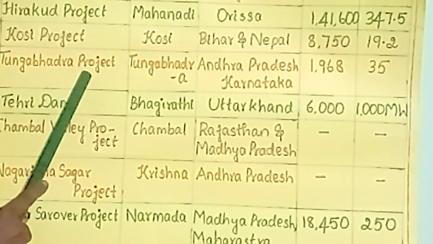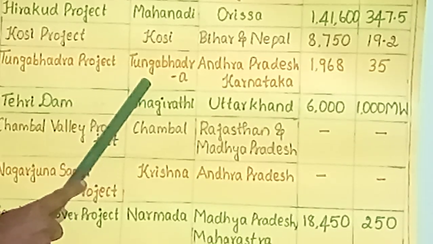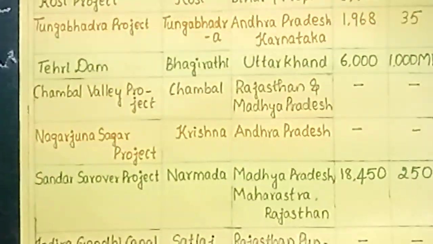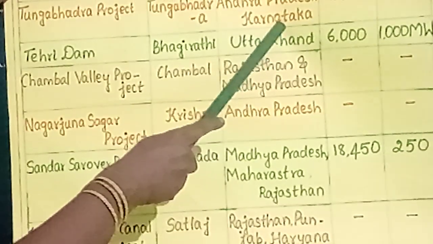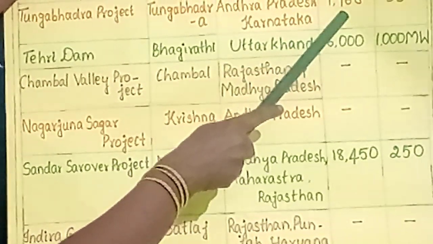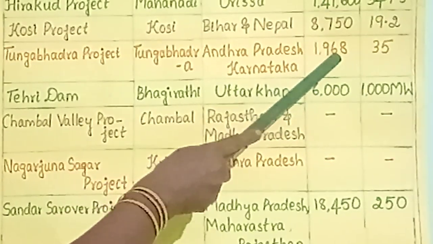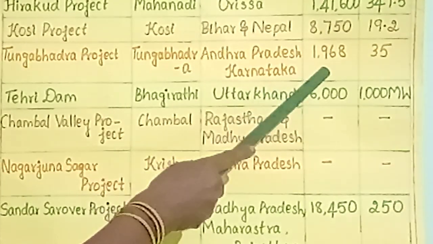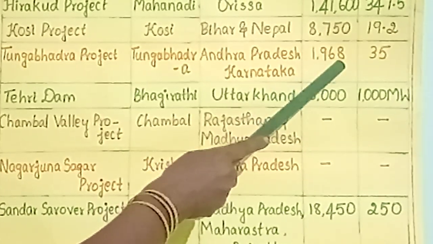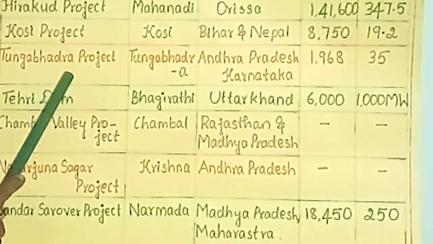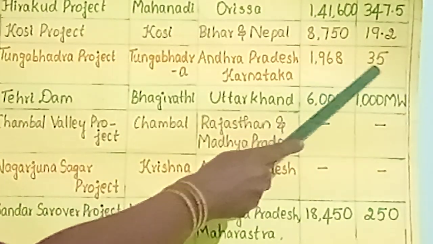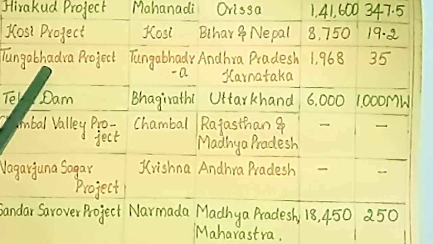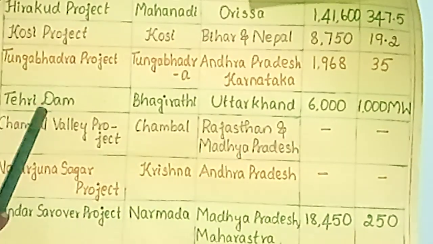The benefited states are Andhra Pradesh and Karnataka. 1,968 square kilometers of area are irrigated through this dam's water, and also 35 megawatt electricity is produced through this particular dam's water.